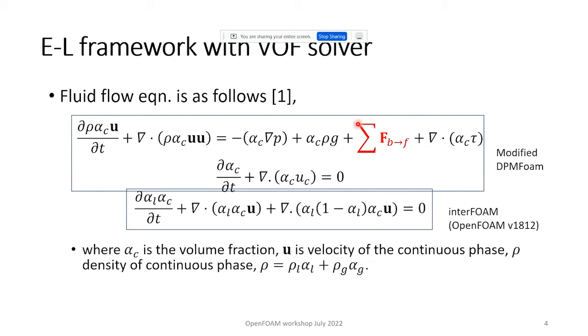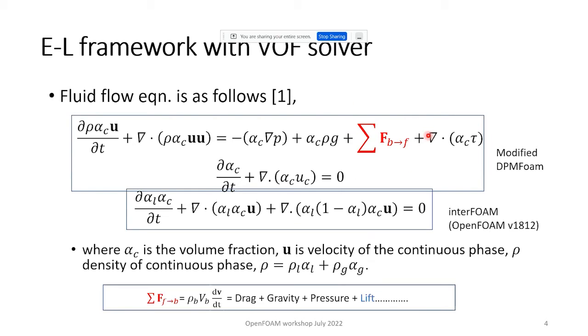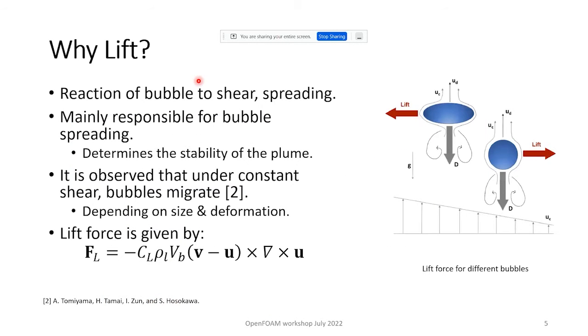We are going to focus on one of the forces, lift. I'm not going to focus on other things because we have to save time here. Why am I focusing on lift? Because it's one of the important forces. Basically, it's the response to shear inside a flow, and you always have some kind of strain or shear.